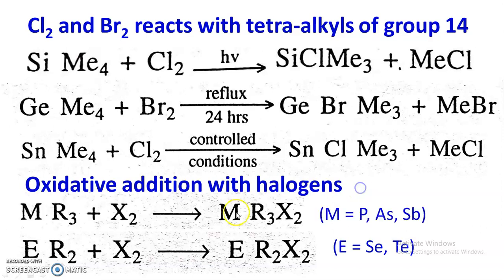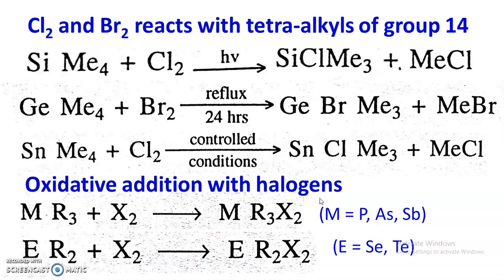For example, when chlorine reacts with tetramethyl silicon, there is a breaking of the silicon-methyl group bond, and we get methyl chloride. This reaction is already discussed.